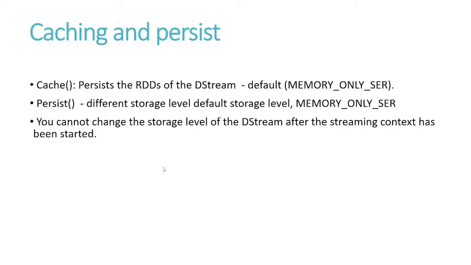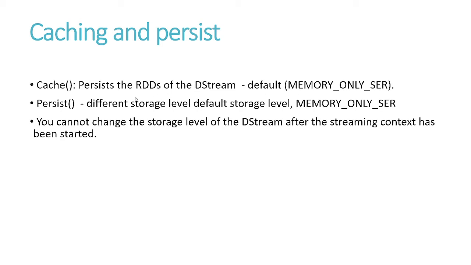Then we can also have cache and persist, as we have in our other transformations or other batch processing systems. By default, cache does it in memory only. With persist, we can define the storage level, like memory only, which is the default.